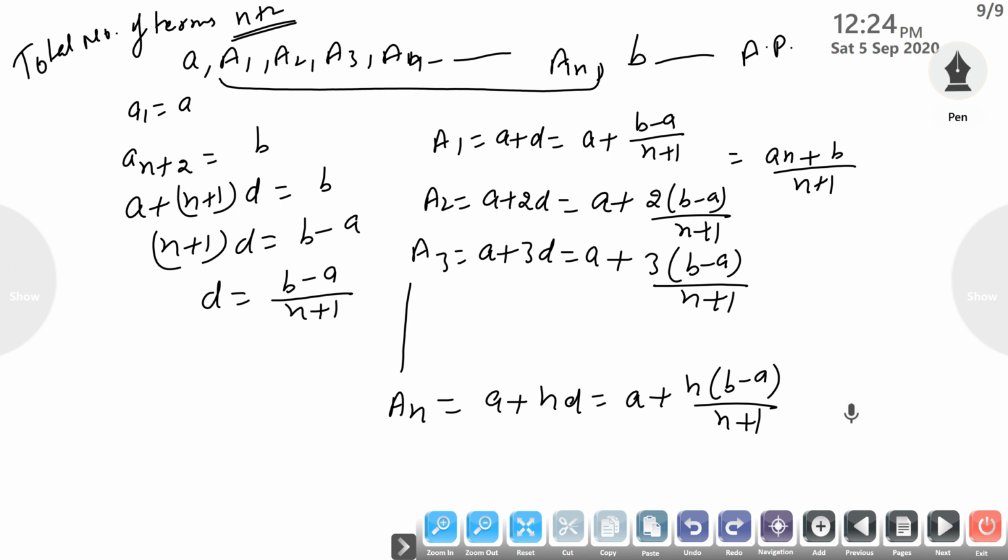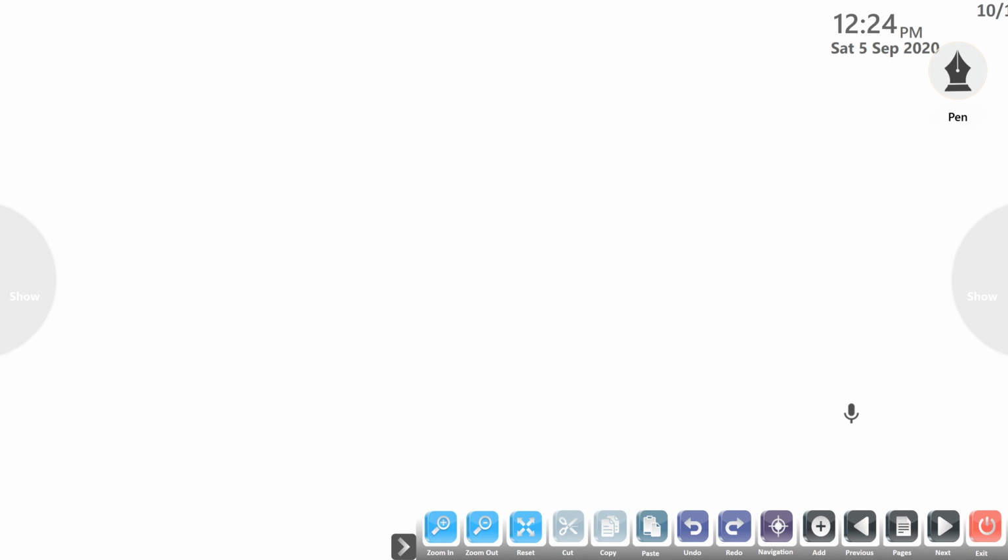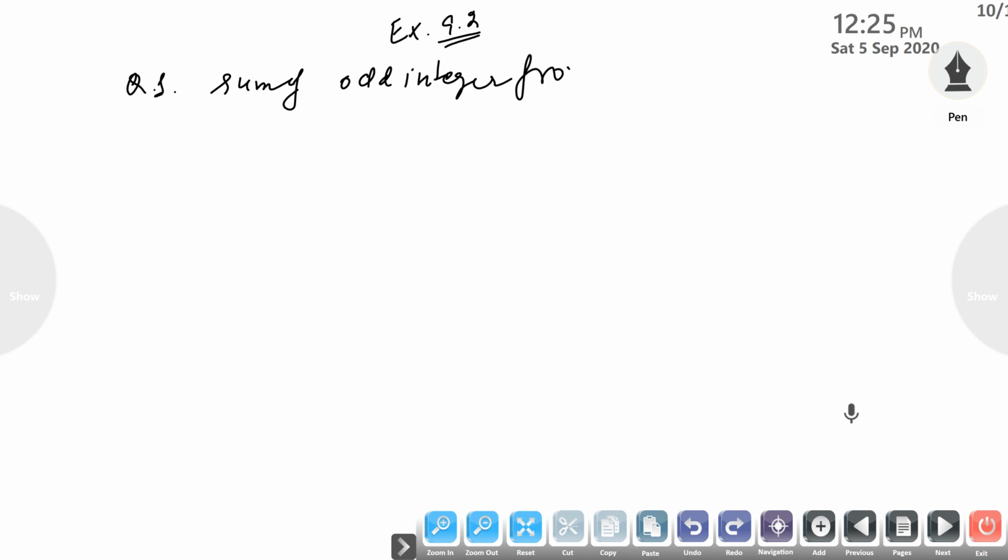See our exercise 9.2. Take first question, exercise 9.2. First question is, find the sum of odd integers from 1 to 2001.